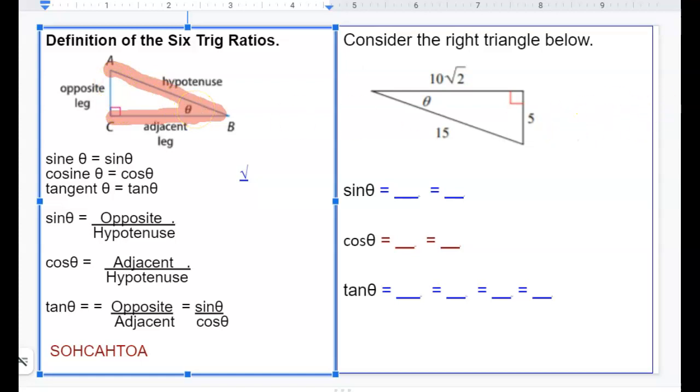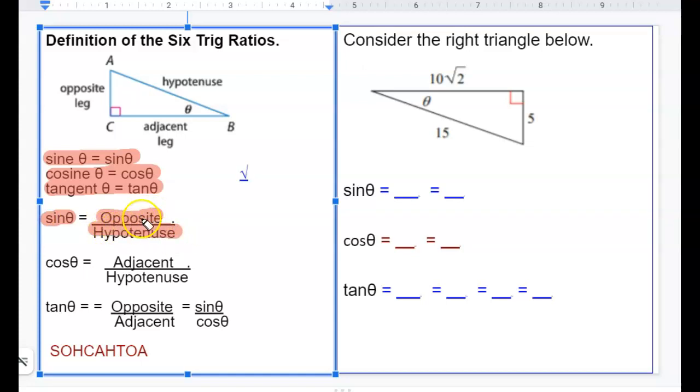All right, we said that sin theta was abbreviated SIN, which I'll just call sin theta. Cosine of theta is abbreviated cos theta. Tangent of theta is abbreviated tan theta. By definition, sin theta is the opposite side or the opposite leg over the hypotenuse.